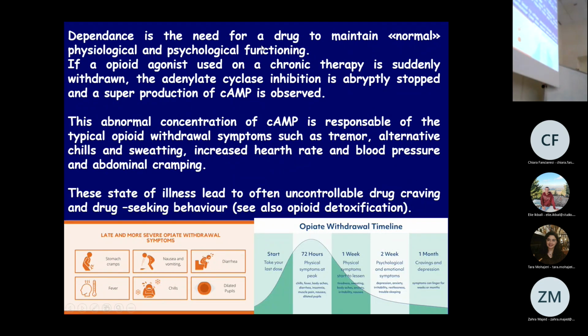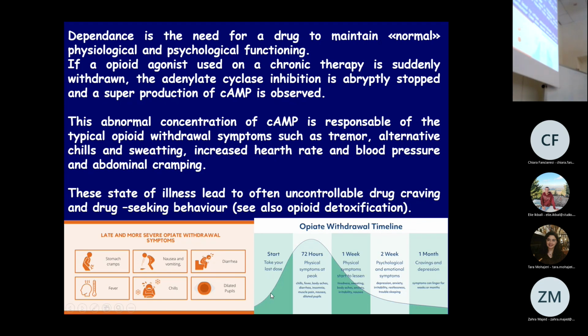Dependence is needed for a drug to maintain normal physiological, psychological functioning. The state of illness leads to often uncontrollable drug craving. The patient or the person tries to find this type of compound. Drug-seeking behavior. It is not easy, the detoxification from this type of compound.